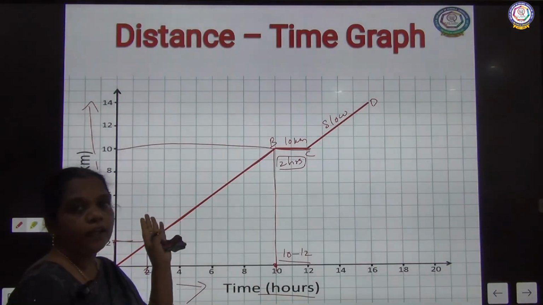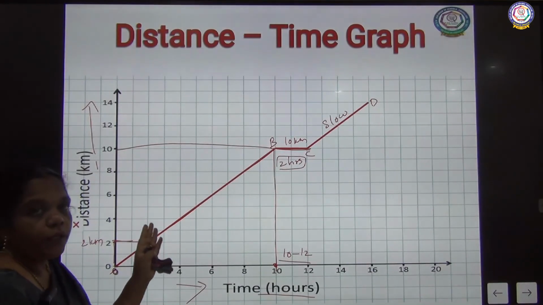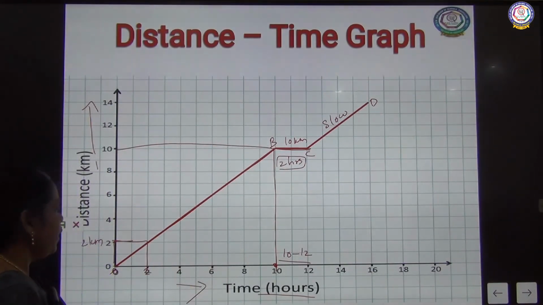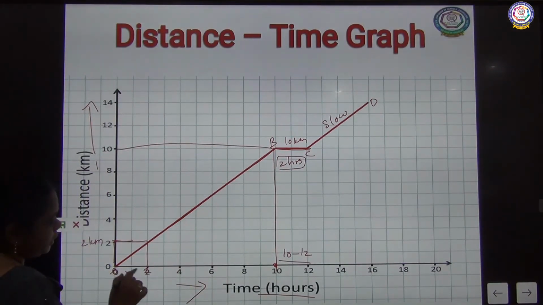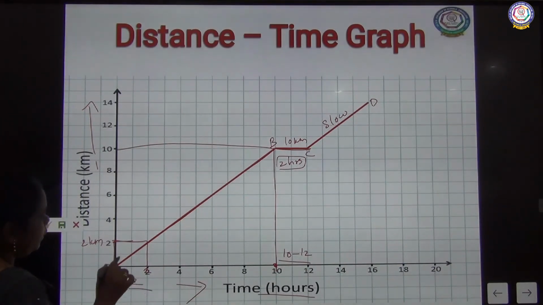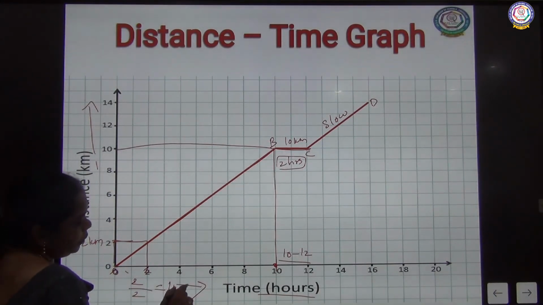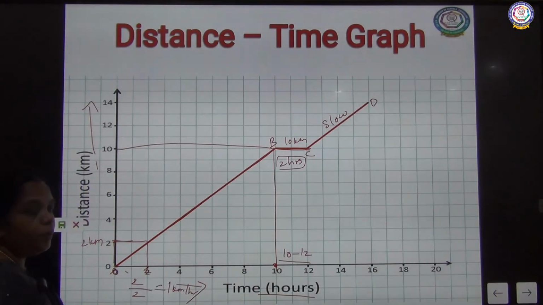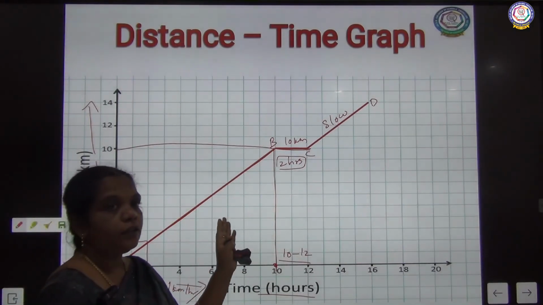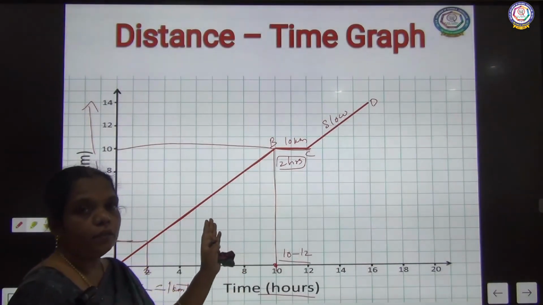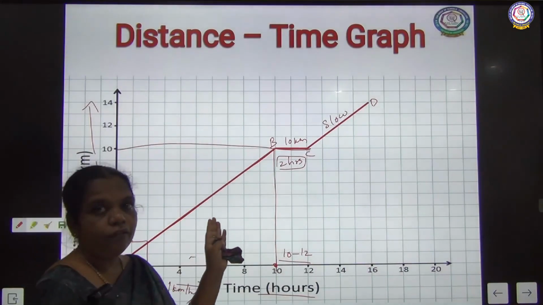You know the formula to find the speed: speed equals distance traveled by time. What is the distance traveled? 2 kilometers, and what is the time taken? 2. So 1 kilometer per hour.